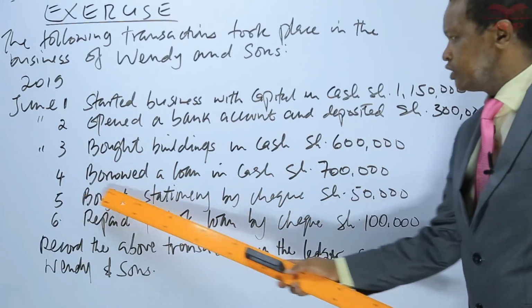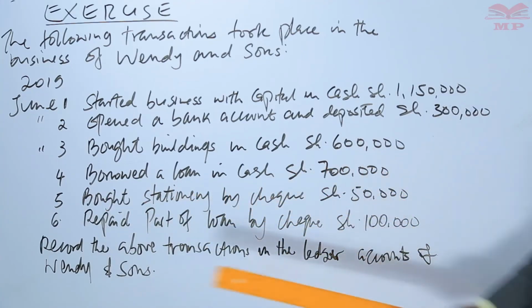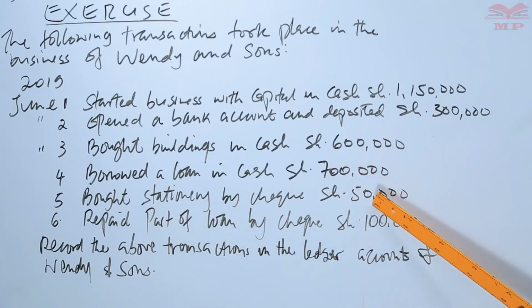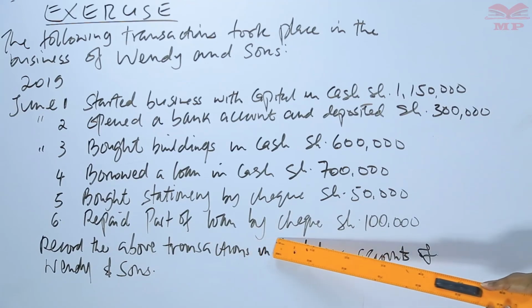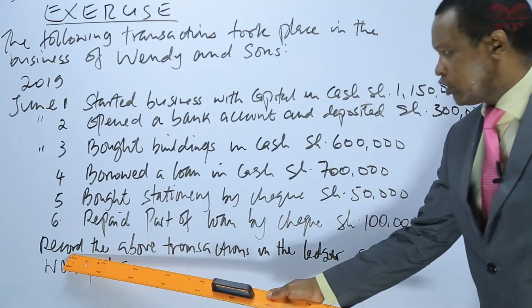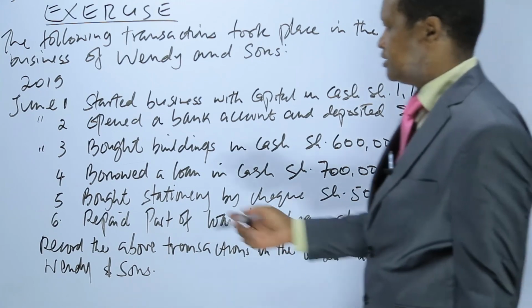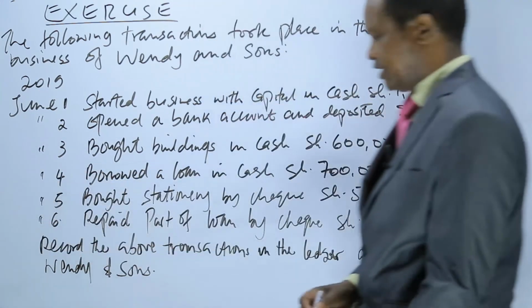On 4th, borrowed a loan in cash 700,000 shillings. On 6th, bought stationery by check 50,000 shillings. On 6th, repaid part of the loan by check 100,000 shillings. You are required to record the above transactions in the ledger accounts of Wendy and Sons.